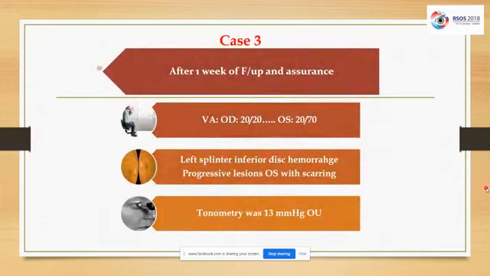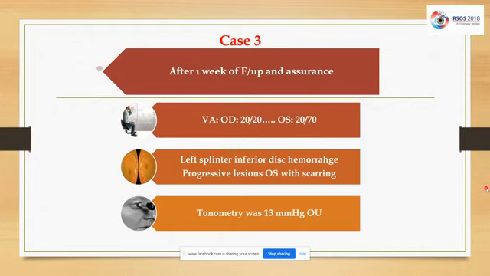So after 1 week of follow-up, this patient had uncontrolled hypertension, so I was not able to start oral steroids before controlling the blood pressure first. So the main priority was to control the blood pressure.